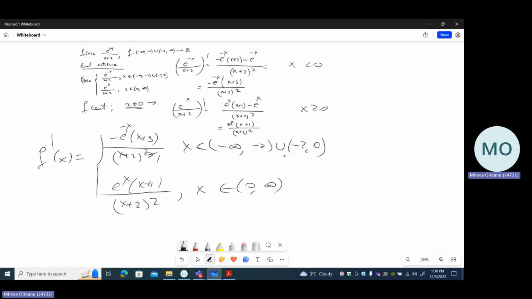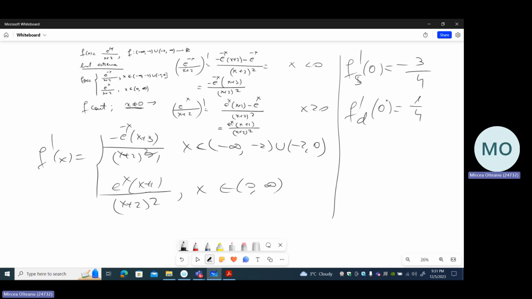Now what happens at 0? Let's compute the derivatives from the left and from the right. The derivative from the left at 0 will be the limit at 0 of this function, which is minus 3 over 4, while the derivative from the right will be 1 over 4.